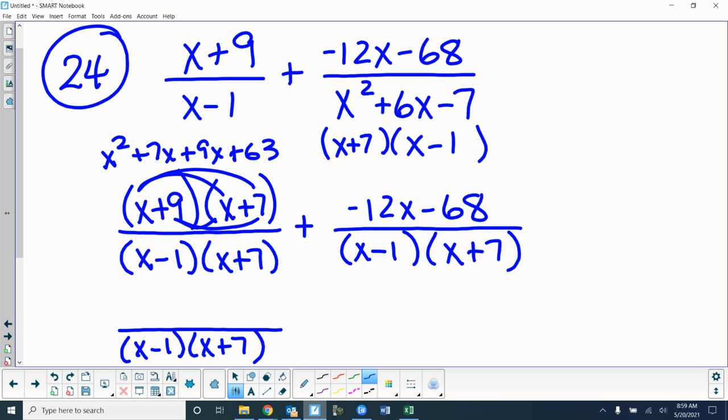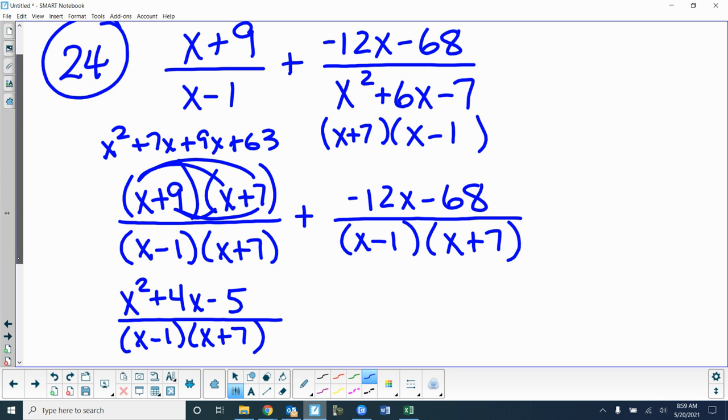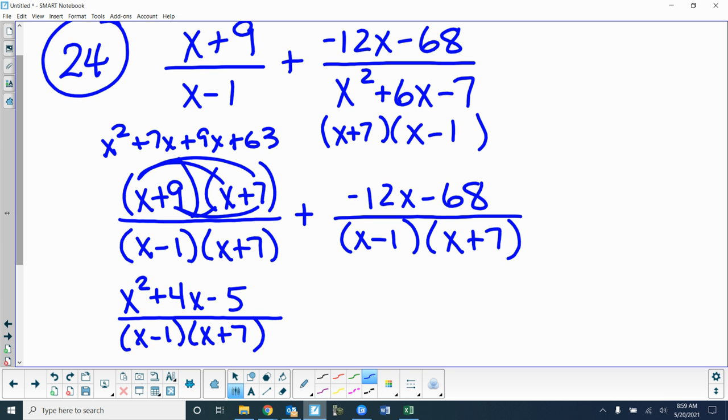So I got an x squared plus no other x squareds. I got 7 plus 9, 16, plus a negative 12 is 4x. And I got 63 plus a negative 68 would be negative 5. Questions on my numerator now?